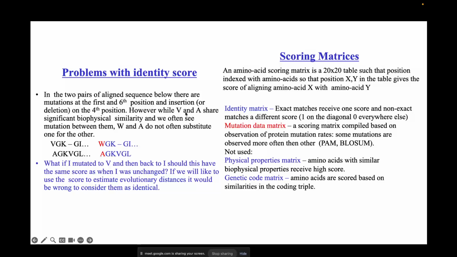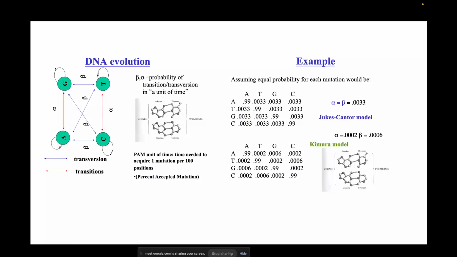As I was saying, V and A are very similar, so the mismatch score or the penalty for that will be very low. And W versus A is a much different mutation and a much more concerning mutation. So you have a higher negative score, or a higher penalty, for that particular substitution. Right.